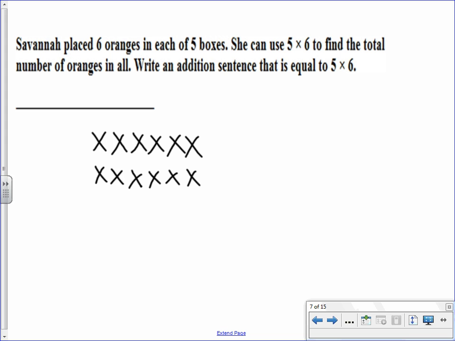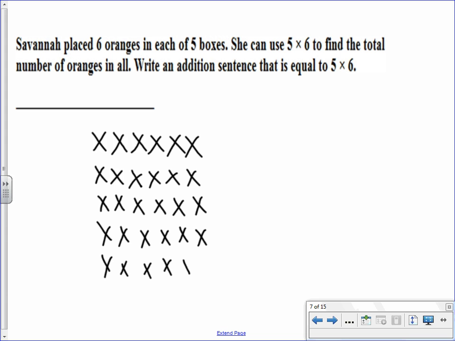There's another group of 6. How many groups of 6 do I have to make all together, Kyle? 5 groups of 6. Here's the third group. So here's my array. I have 5 rows with 6 X's in each row.